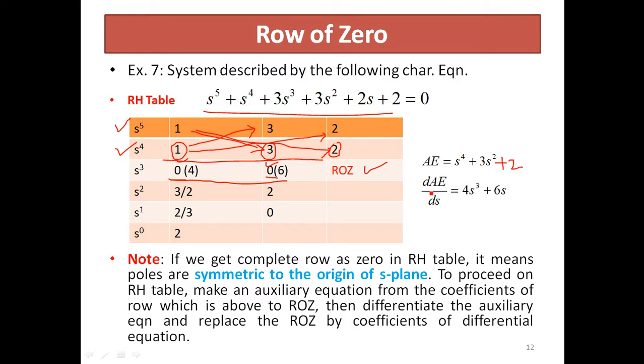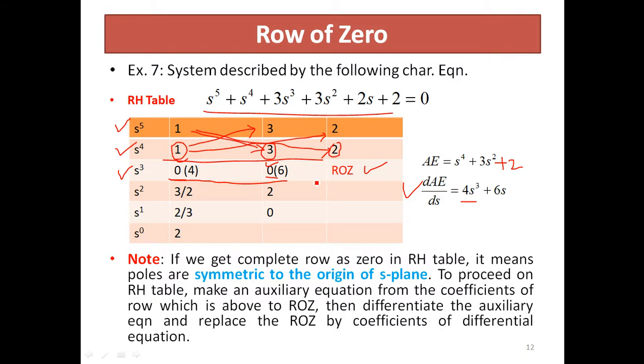On the derivative of this auxiliary equation with respect to s, you would get 4s cubed plus 6s plus 0. Now the coefficients of this derivative of the auxiliary equation would be the elements of the ROZ row, which appear as 0, 0.